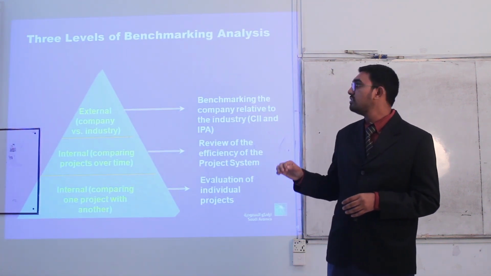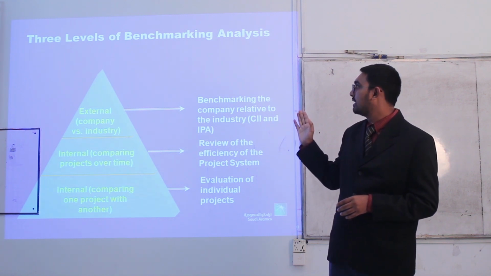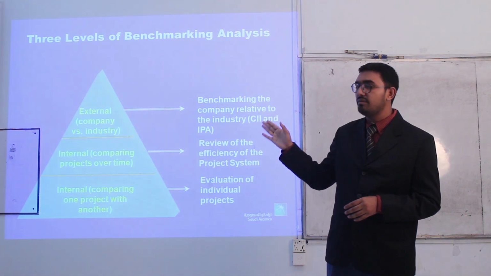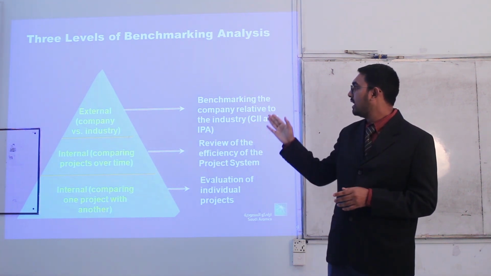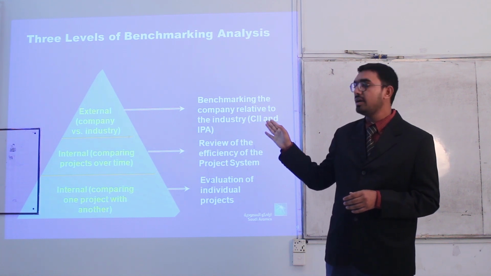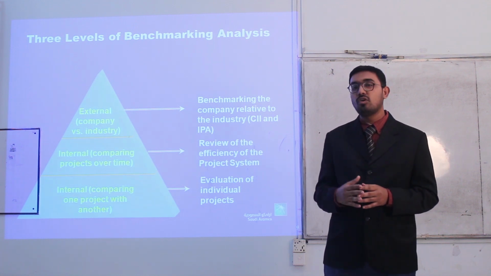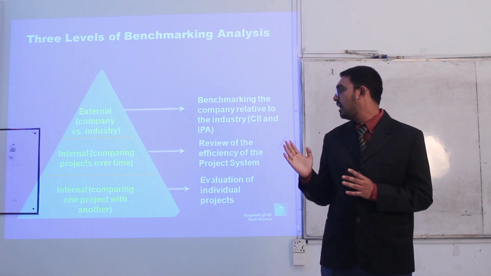Here you can see a chart which represents the levels of benchmarking analysis. You can see that there are three levels of benchmarking. From the top: external, then internal, comparing projects over time, and the last one is internal, comparing one project with another.